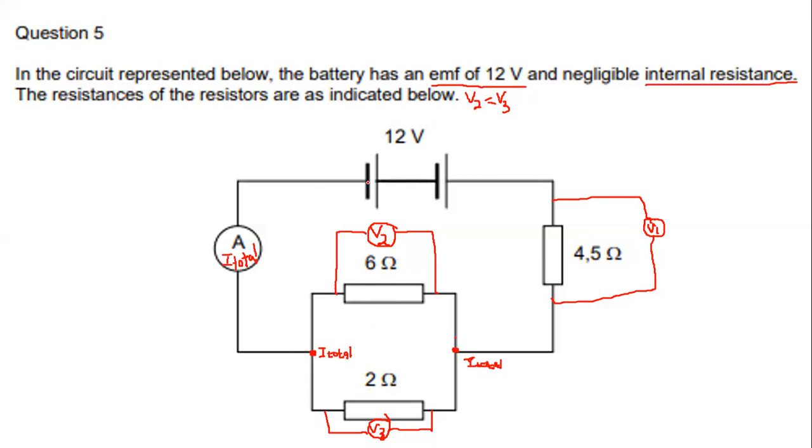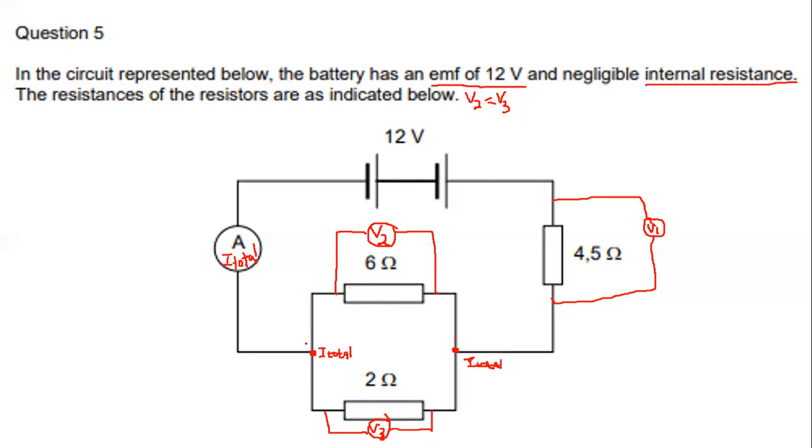This is because all of the electrons are coming with their voltage. And when they come with their voltage, those electrons that go through the 6 ohm resistor carry the same voltage as those that went through the 2 ohm resistor.